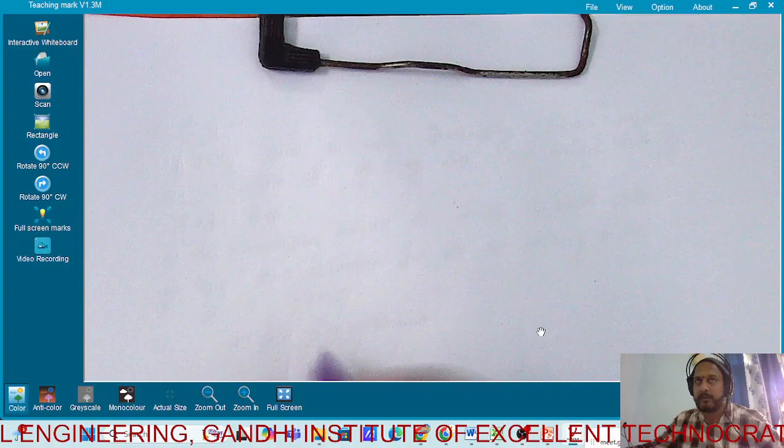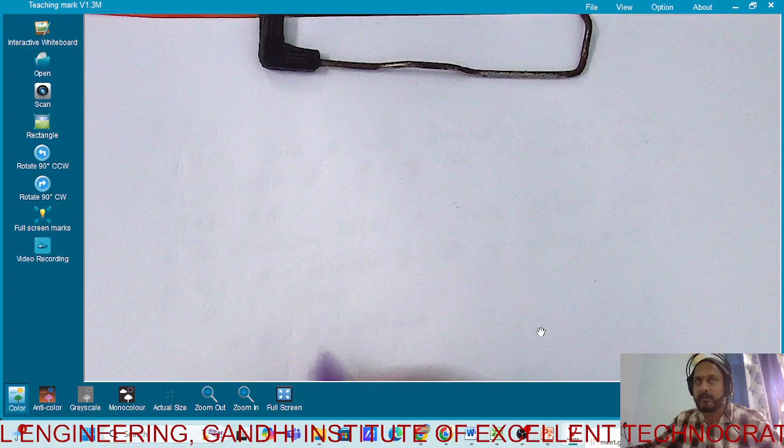Whatever we are talking about, the vertical component of the velocity, which is u sin alpha, is totally affected by gravity. But the horizontal component of the velocity, which is u cos alpha, will remain constant. Now, this particle is moving in air along a particular path.